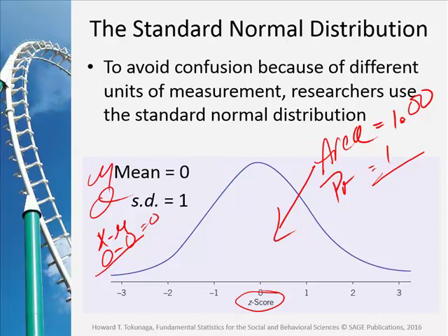This is symmetric. How much of the area under the curve has a positive z-score? Half. How much of the area under the curve has a negative z-score? Half.